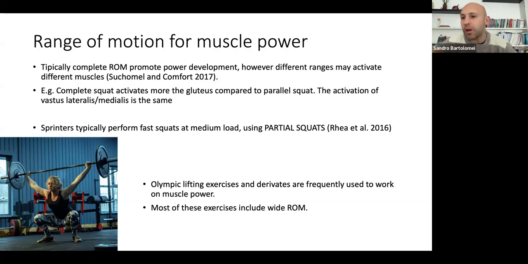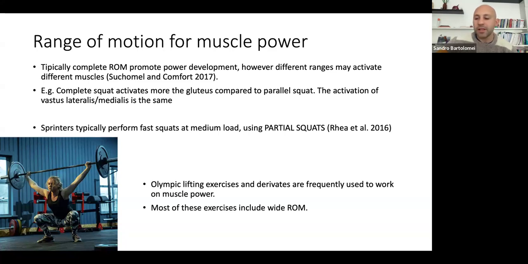As soon as they come close to the competition, most of them are not performing full squats anymore. They are performing parallel squats or quarter squats or 90 degrees squats because this angle is more similar to the angle typically represented in sprint.